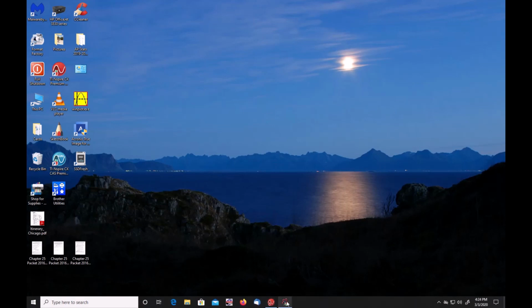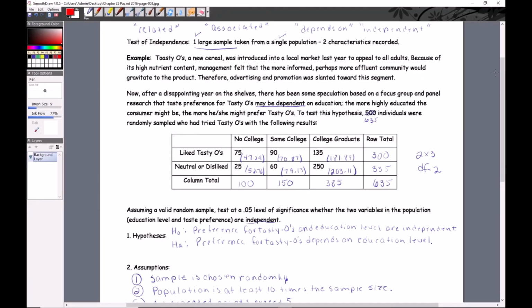Just come back here. And let's just look at, say, the college graduates, like right here. We were expecting 181, almost 182 of the college graduates to like Tastios. It's actually way less. So if we kind of divide this up between college and non-college, check this out right here.